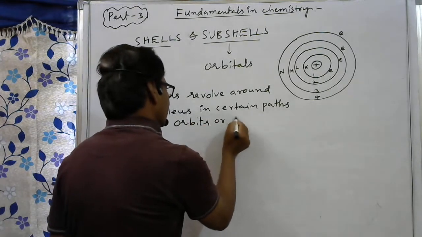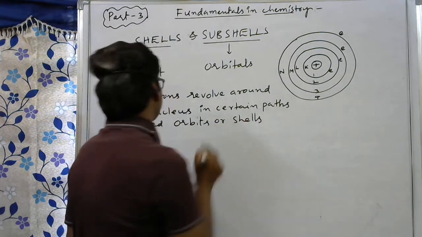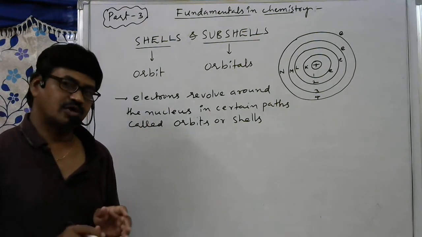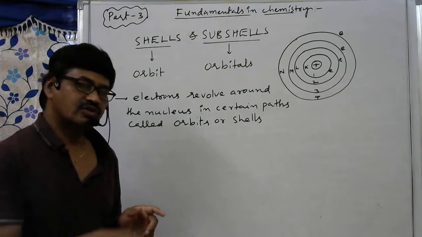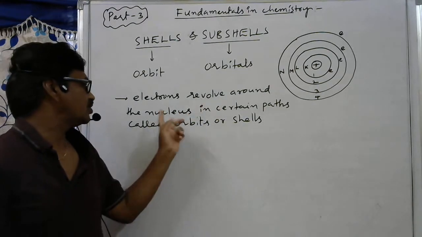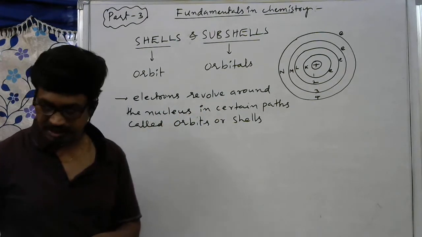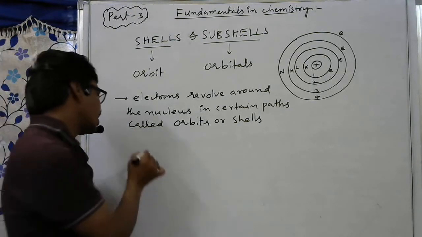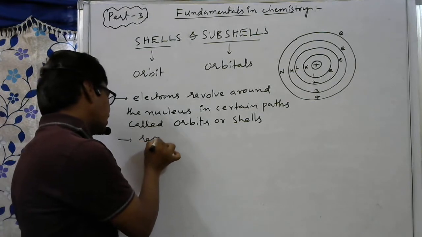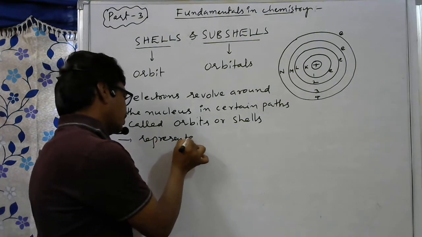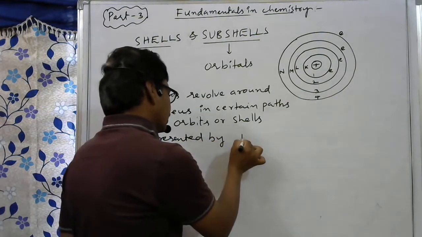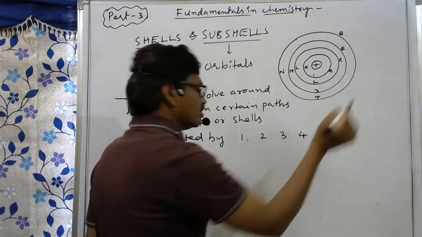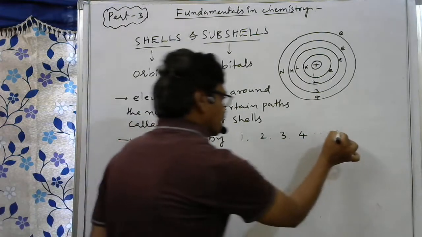Orbits or shells. So what is a shell? A shell is a path of the electron where the electron revolves. Electrons revolve around the nucleus in certain paths called orbits. These orbits or shells are represented by 1, 2, 3, 4, and so on, up to infinity; we can write an infinite number of shells.